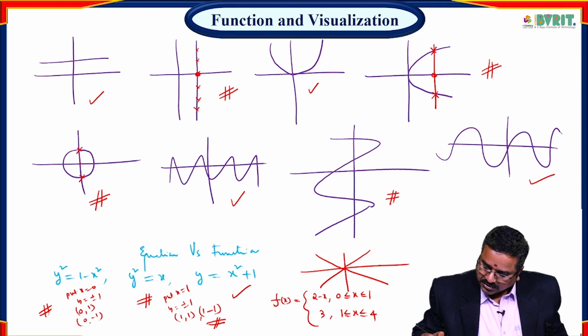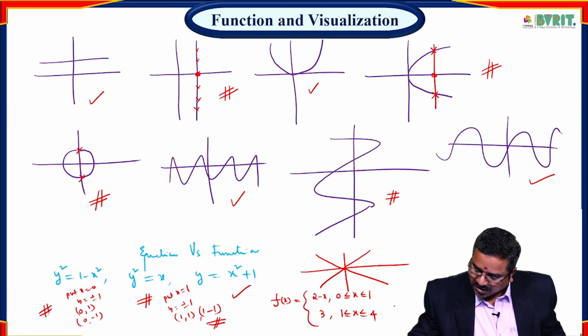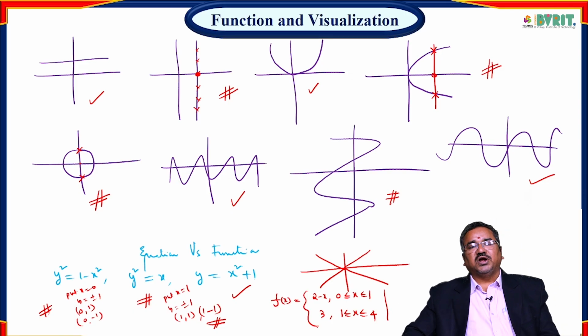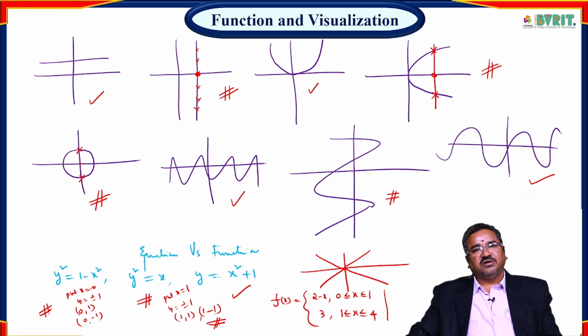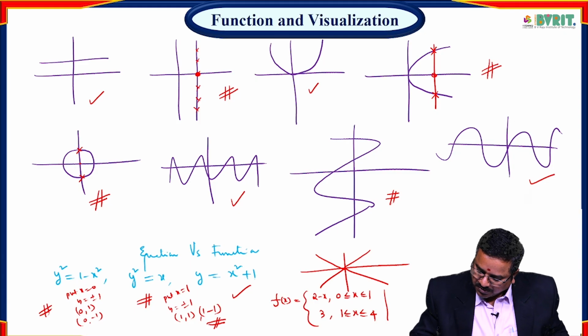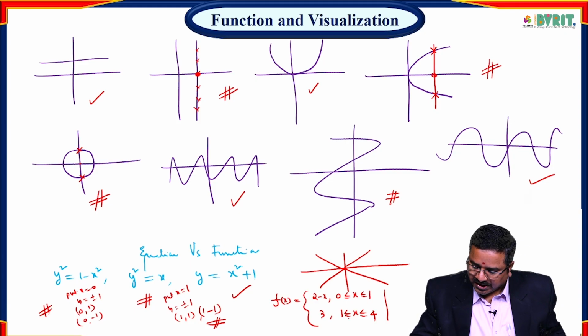Now, is it a function? Just look at this. As I already mentioned, not all equations are functions. We have certain rules to check whether it is a function or not. Put 1 here; 1 is included here and here.